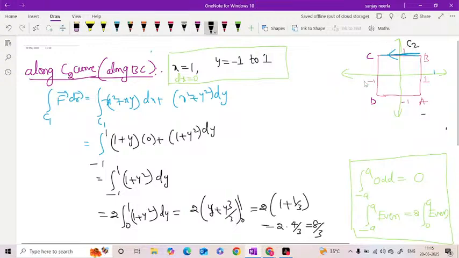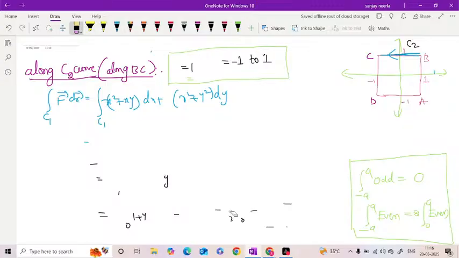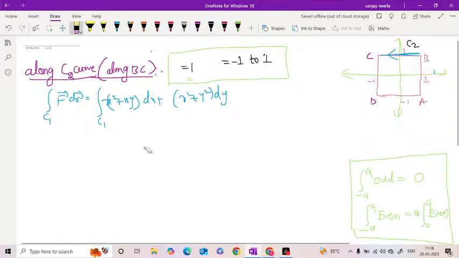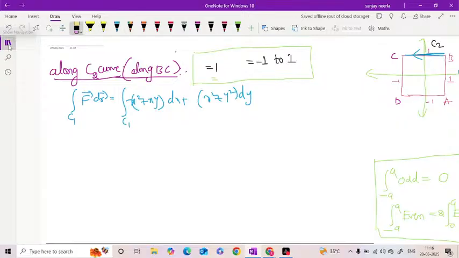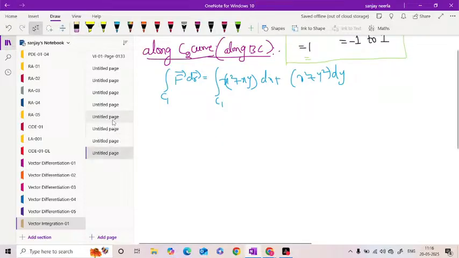In the C2 path, what are the x values, what are the y values? Anybody? Okay.